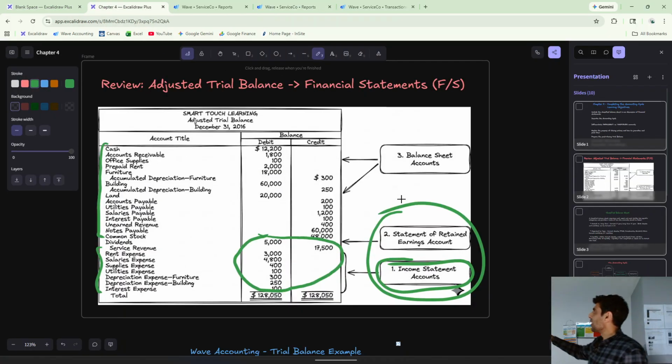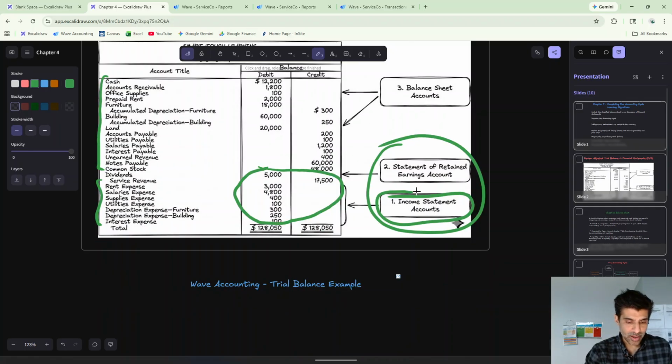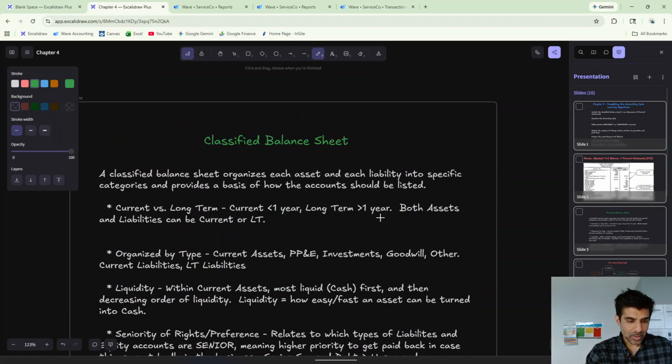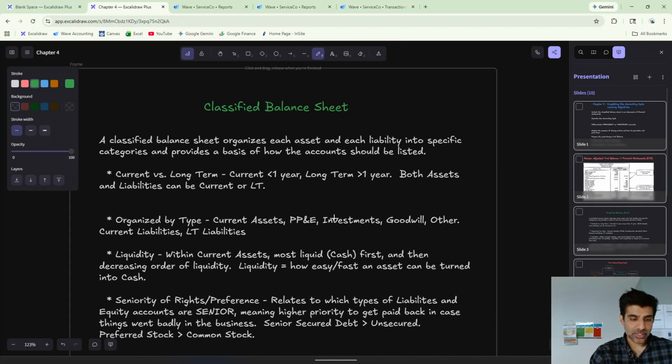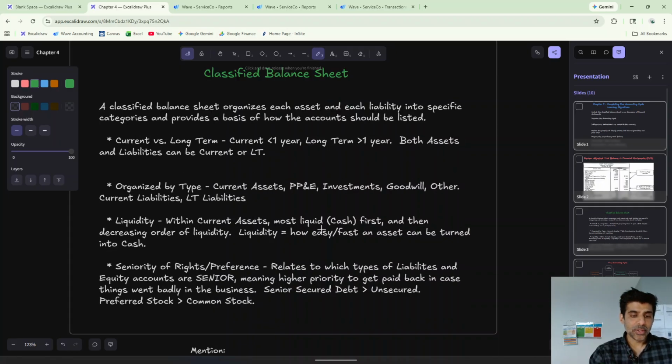This is kind of where we ended chapter 3, with this adjusted trial balance. Now, when we organize these accounts into a balance sheet, we talked about different ways that you organize your assets, liabilities, and equity.